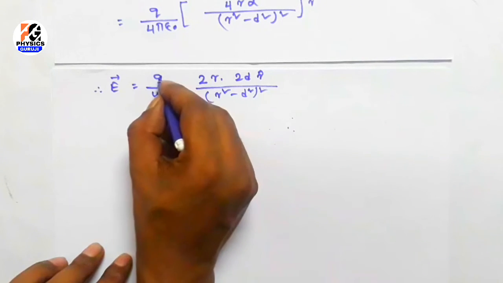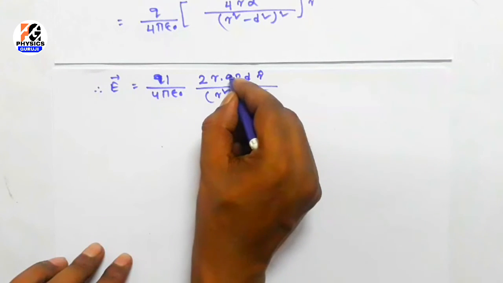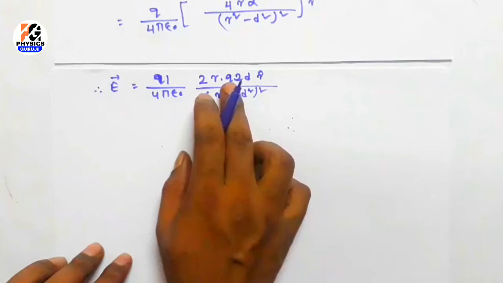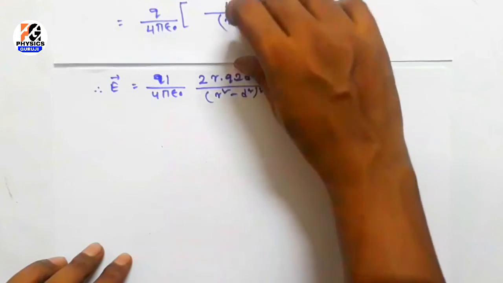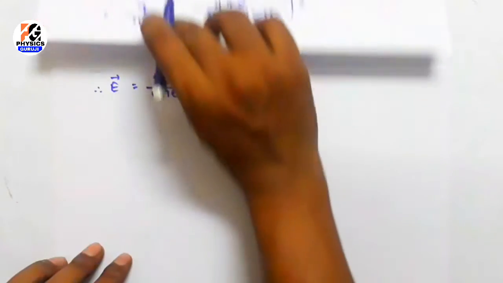Now here I can put this q into 2d into r cap, which means p vector.